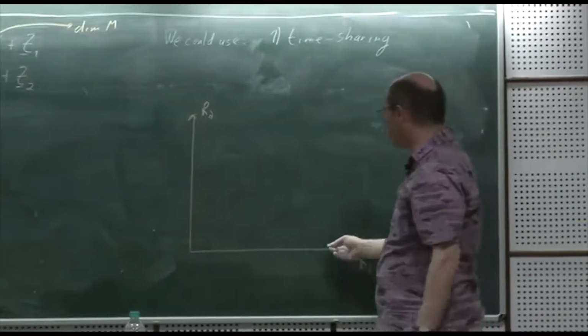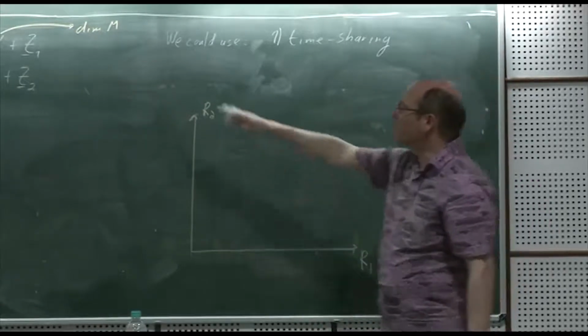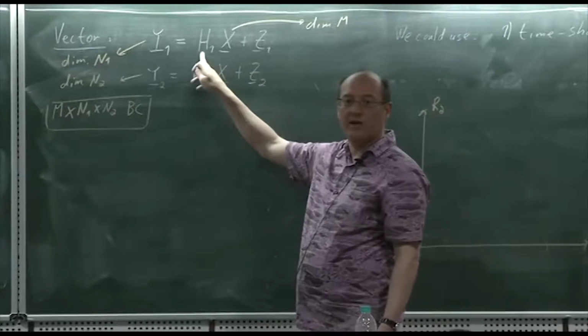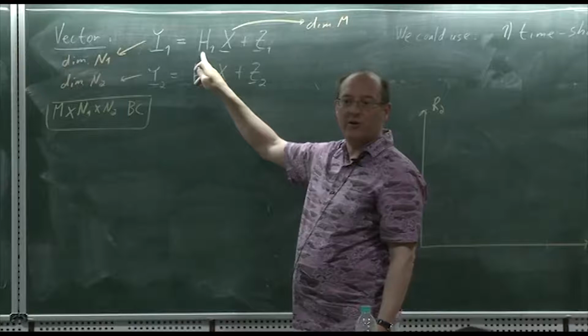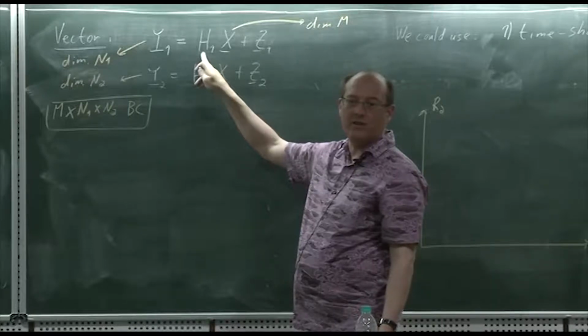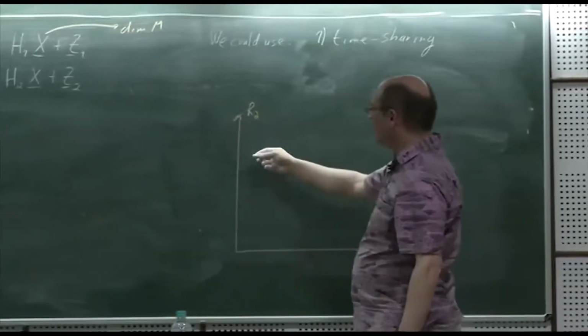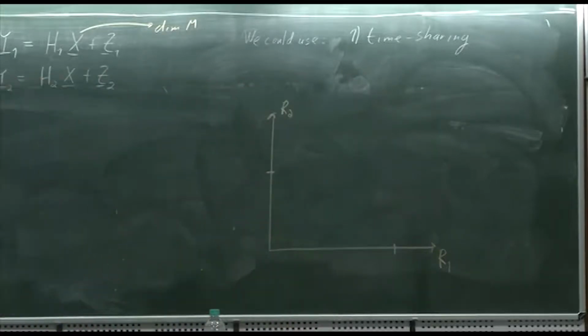Then what's the capacity of channel 1? Well, this is my channel. I'm assuming here H1 is known to everyone, so I do a singular value decomposition of H, and then I do water filling on the singular values, and I get some rate here. Similarly, I can do that for user 2, and then I can just time share between the two. So that's one approach, right?